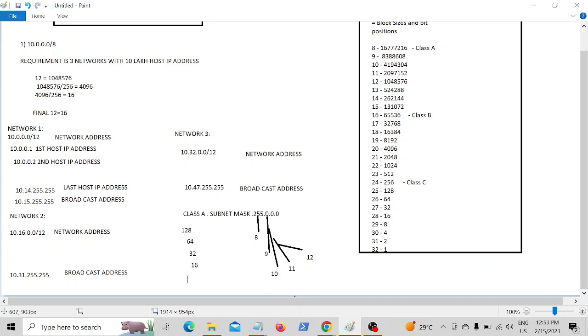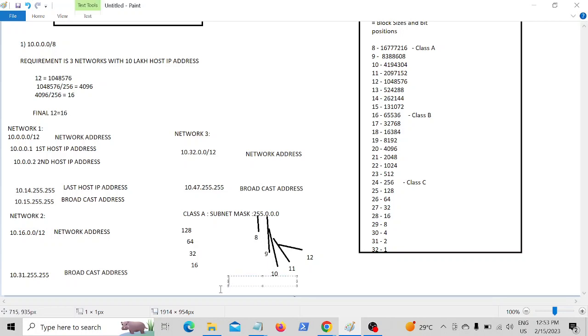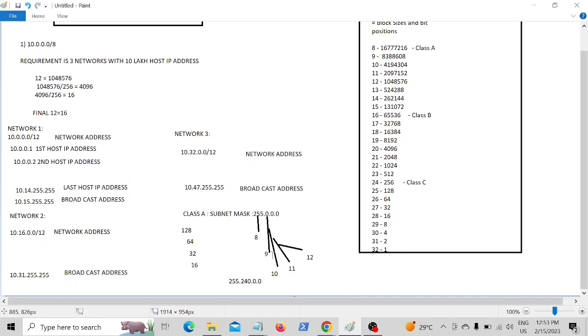What is the addition? 240. So for 10.0.0.0 slash 12, the subnet mask will be 255.240.0.0. This will be the subnet mask for this requirement. Did you guys understand this concept?